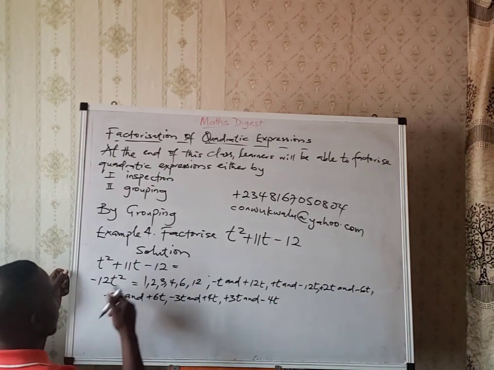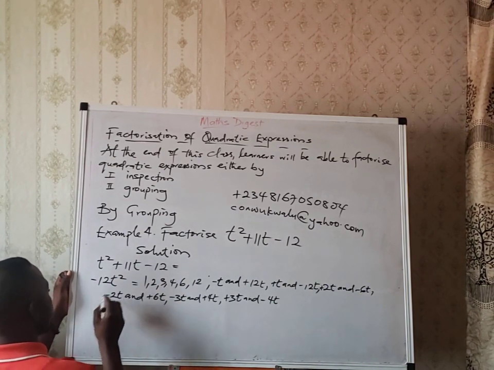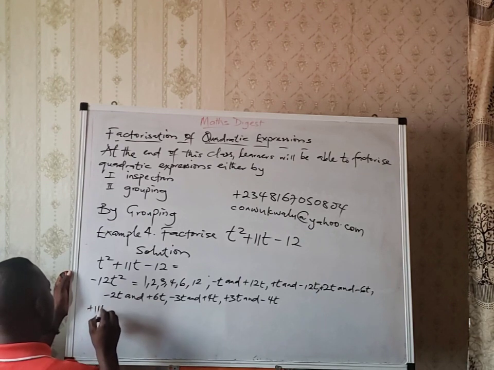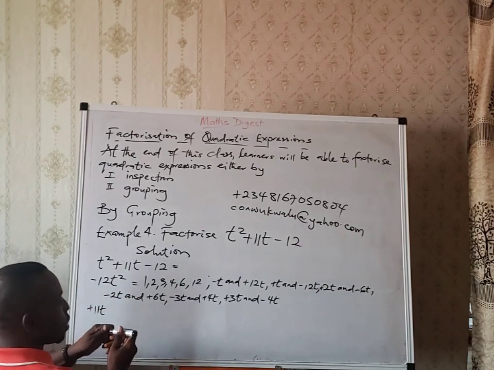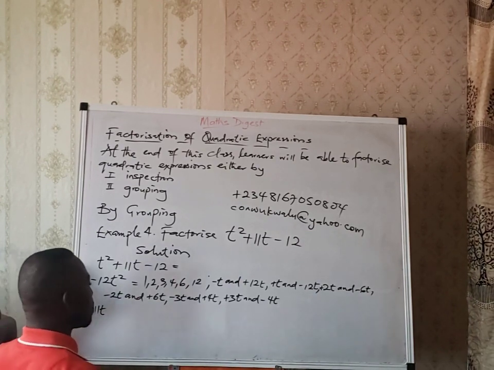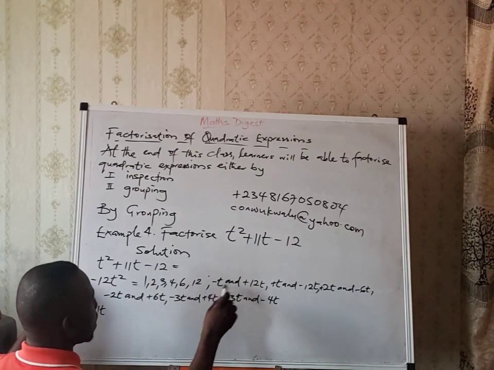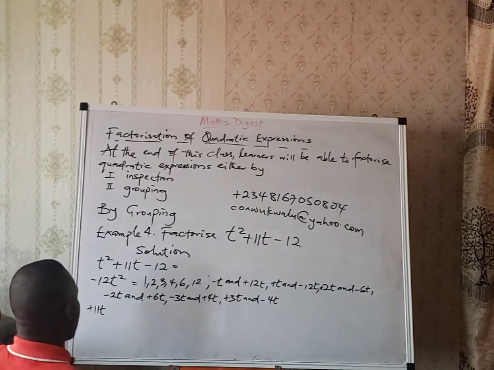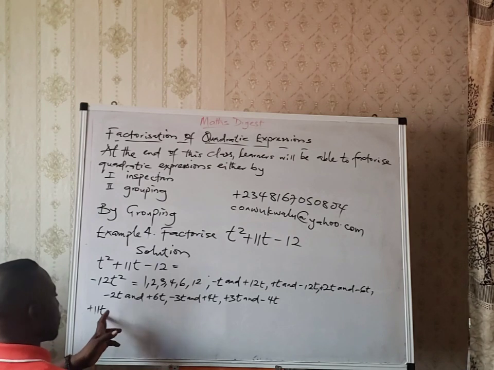Now for the middle one, we have plus 11t. And remember the way we did in the first one, how to get that is simply by adding any of these to know the desired one that will satisfy this.